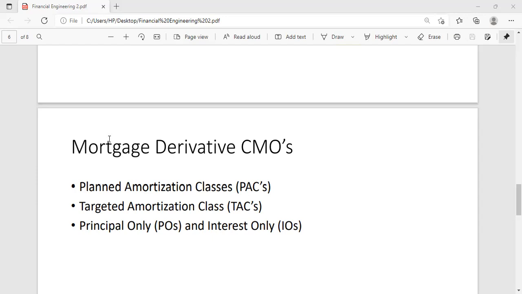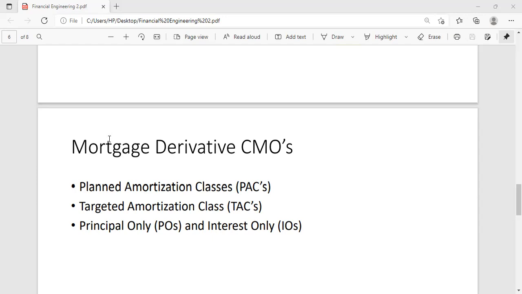The companion bonds make a big sacrifice in the sense that they are giving the PACs the room for certainty, and that certainty comes at the expense of the uncertainty associated with the other support tranches.